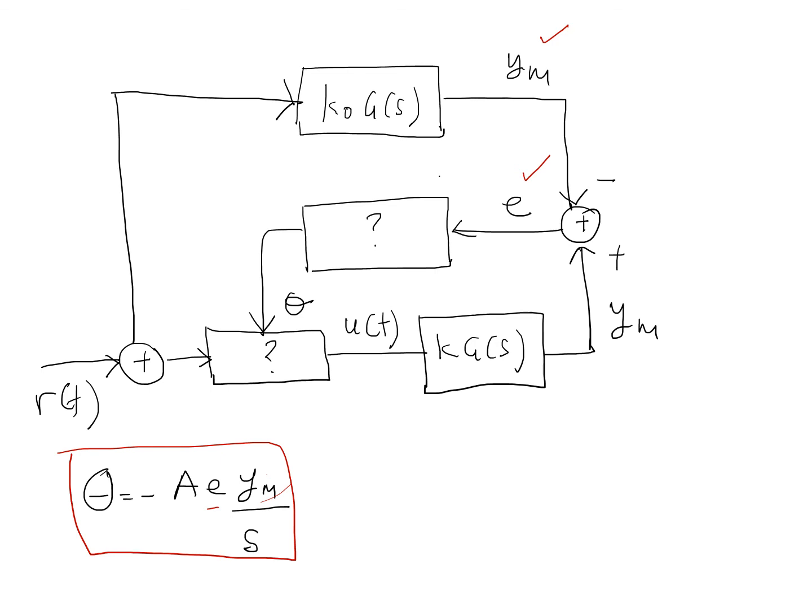So ym times e. Here we get ym e. In the block, negative a over s.